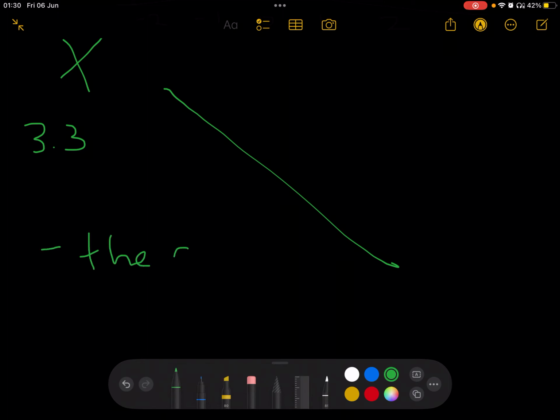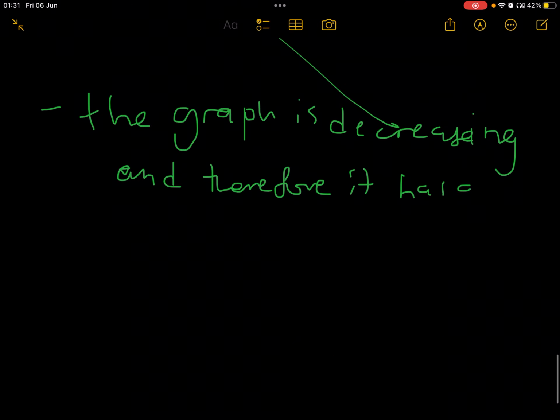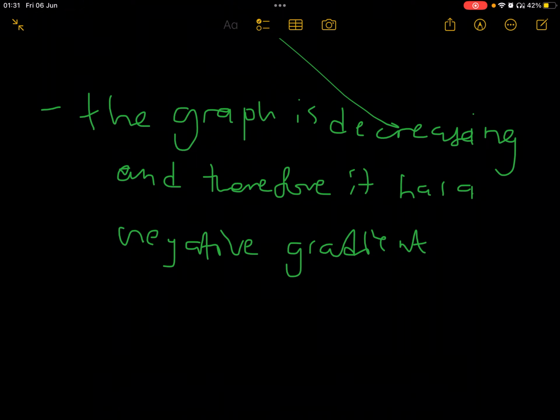So the graph is decreasing, and therefore it has a negative gradient. That would be the reason for 3.3.